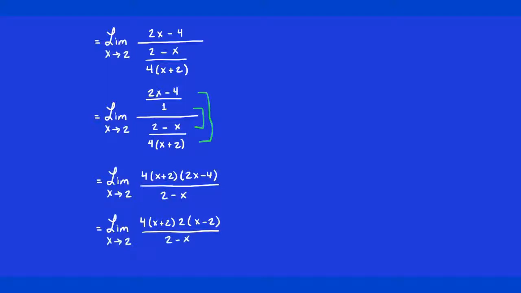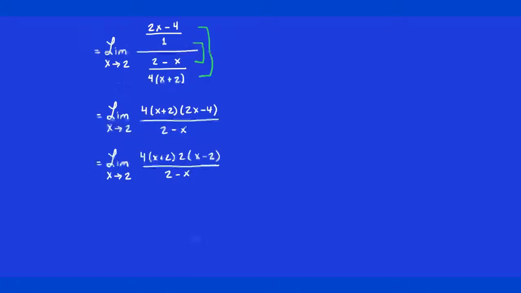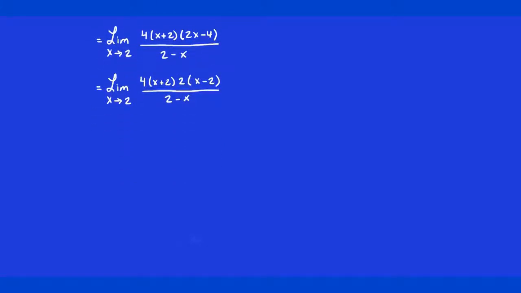Now the thing is, these terms look very close to each other, this 2 minus x and this x minus 2, but they're not exactly the same. So we can use a trick of algebra, which is that we can switch the sign of one of the terms. I'm going to switch the sign of the term below, which will look like this: 2 times x minus 2.